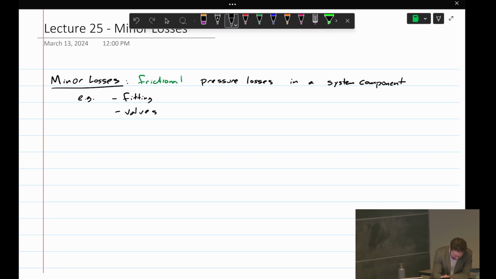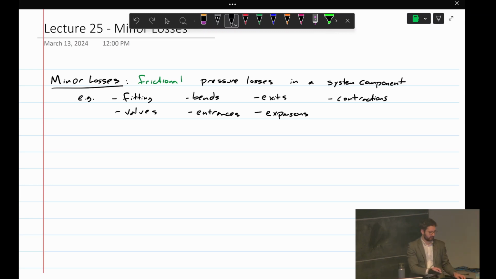Valves, bends, entrances, exits, expansions, and contractions. So those are like reducers or expanders, which is the technical term for that type of component.